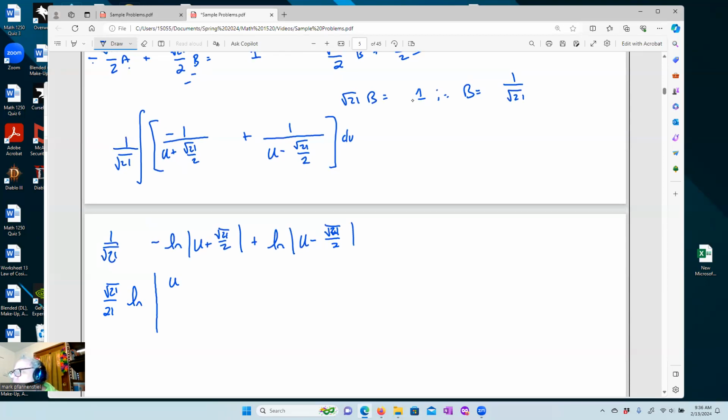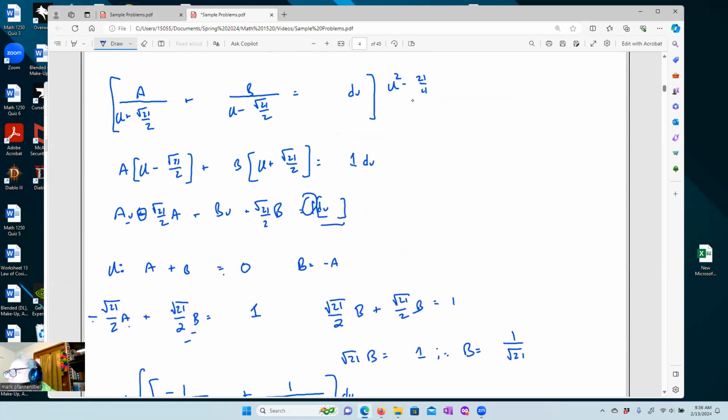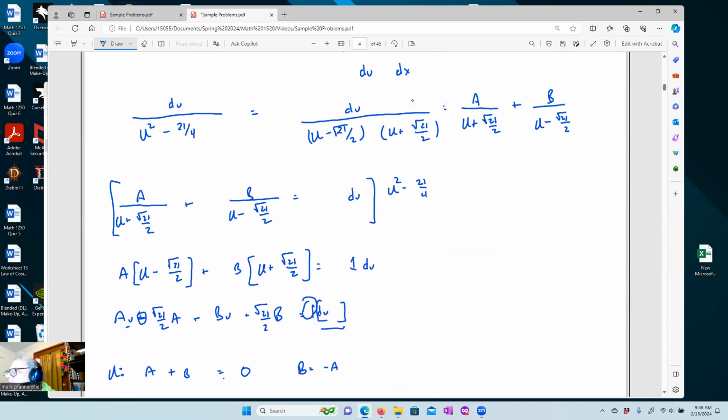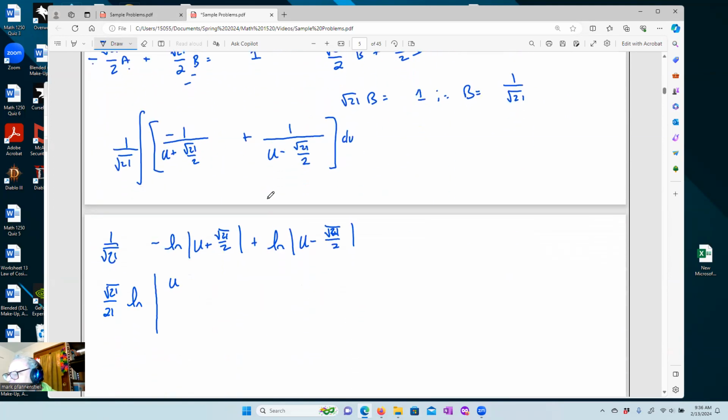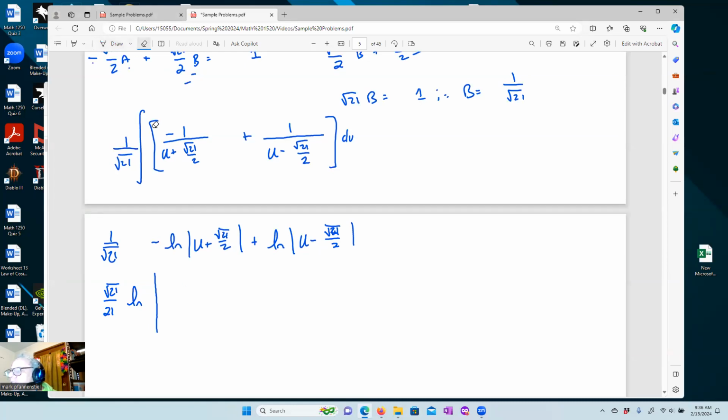Actually, instead of u, can we go back to the x's now? What was x? Going back up to x, that was x plus 5 halves. So let's go ahead and change this all the way back to x's so I don't forget to do it later. So we have x plus 5 over 2 plus the square root of 21 over 2.